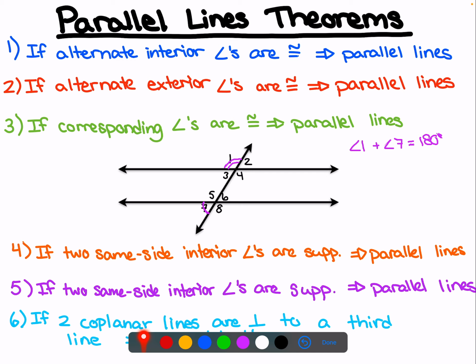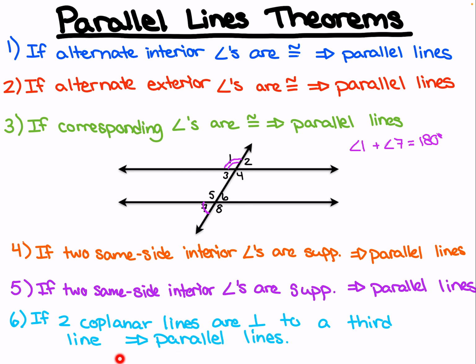That would imply that they are parallel lines. So again, if these angle relationships match up, then that would imply that the lines are parallel. And that's what today's main topic is. We're going to use our angle relationships to determine if the lines are parallel. So we're just working backwards.